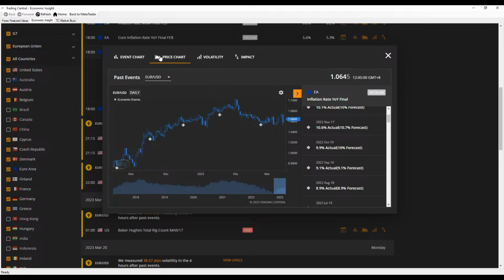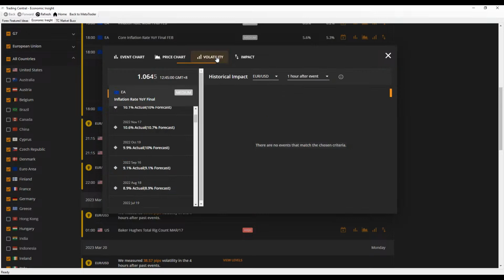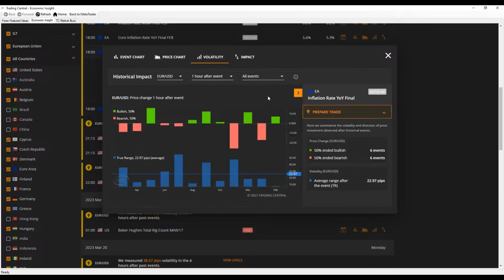Next up, you can also gauge the past events based on the volatility that it has on the currency pair. What you are seeing here is the historical impact of this event on the euro dollar 1 hour after the event. Of course, you can choose to see 30 minutes after the event or 4 hours after the event, but I'll just put it at 1 hour.